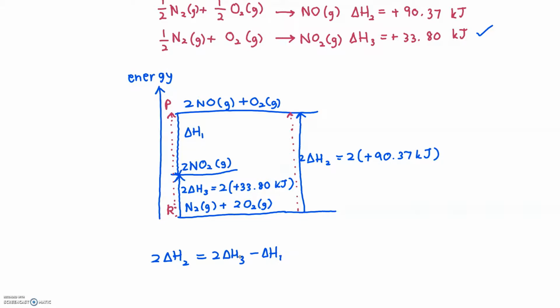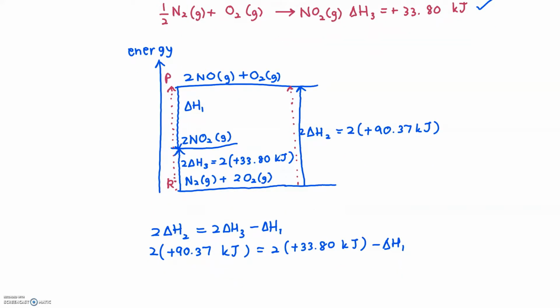So we'll substitute the values, that is 2 times positive 90.37 kilojoule equals 2 times positive 33.80 kilojoule minus delta H1.